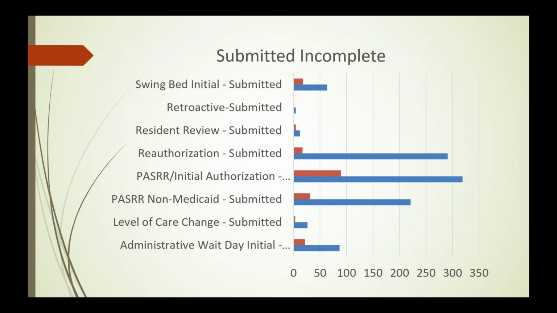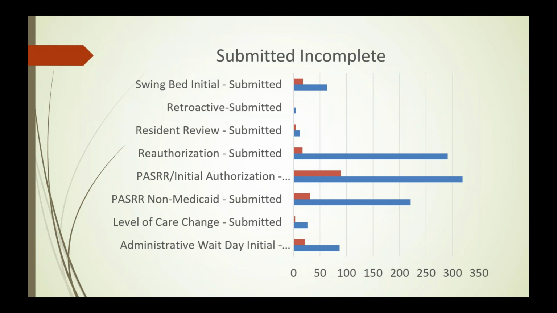In blue, you'll see those are our numbers of what we actually received that you've submitted. And in red is what we have received incomplete, or we've had to send back for corrections or information that might be missing. So you'll see, especially with our PASRR initials, almost about 1/3 of what we receive is identified as incomplete.